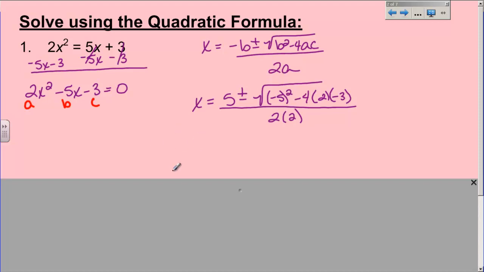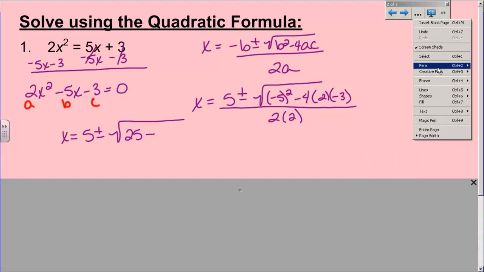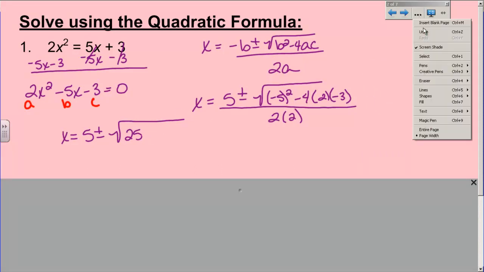I may run out of room, so I'm going to scoot over just a little bit here. So now I have x equals 5 plus or minus. I'm going to simplify inside the radical, or the square root sign, really quick. So negative 5 squared becomes 25. Let's leave this little minus sign off for just a second.